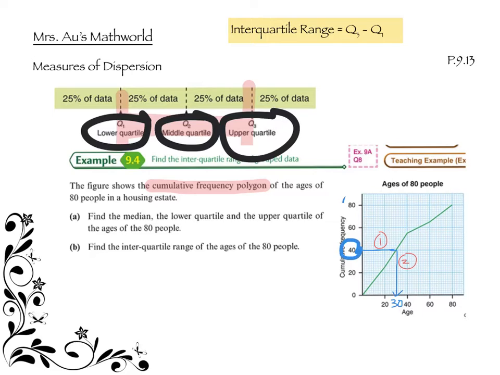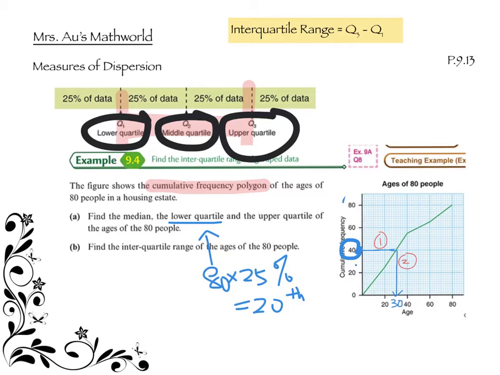We've done the median. For the lower quartile, we take the total of 80 times 25%, which is the 20th data.